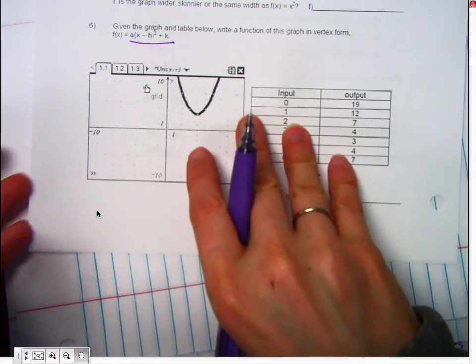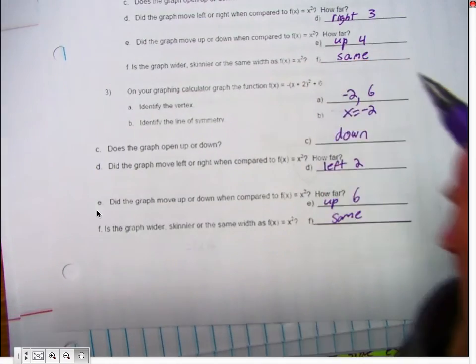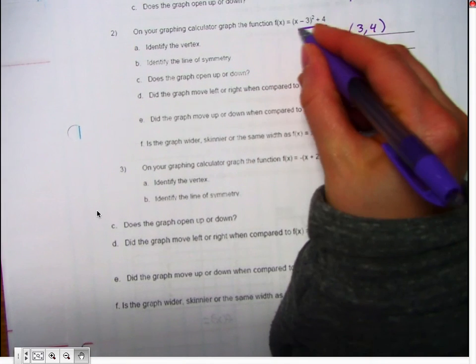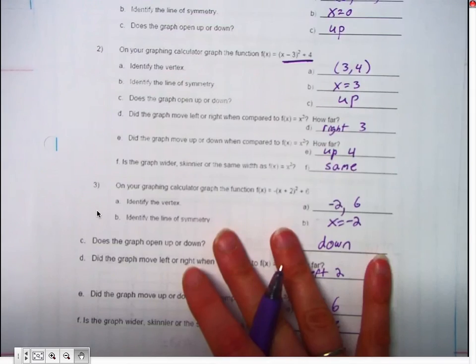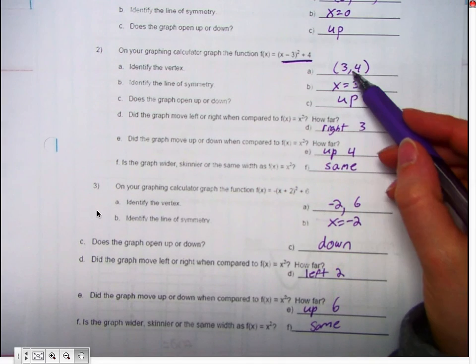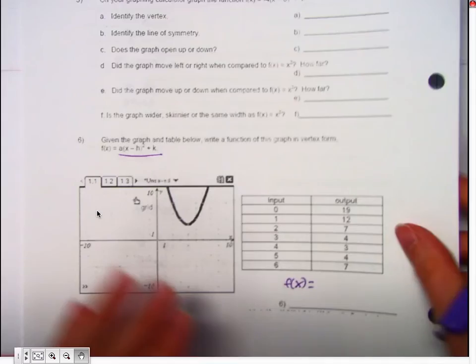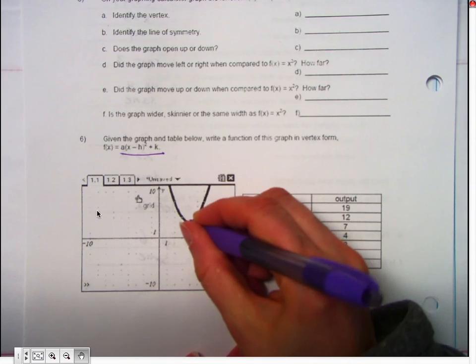So if we look at number 2, see those numbers? We got -3 and 4 right there. The vertex became 3 and 4. So when I look right here, what do I think this vertex is?